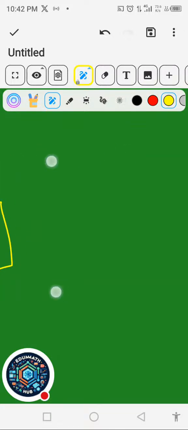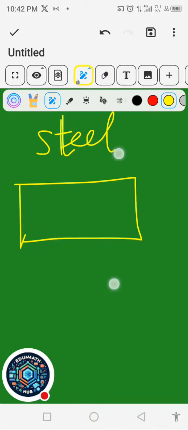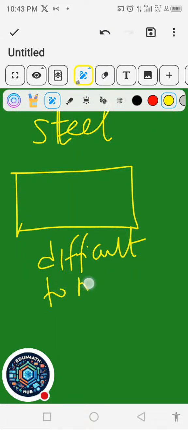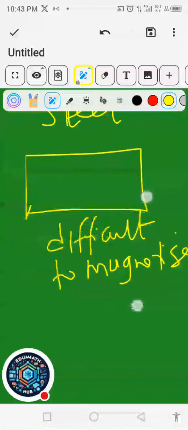But steel is used for permanent magnets. That one is very hard to magnetize. But once it becomes magnetized, they don't lose their magnetism easily. It will take a long time before it loses its magnetism.